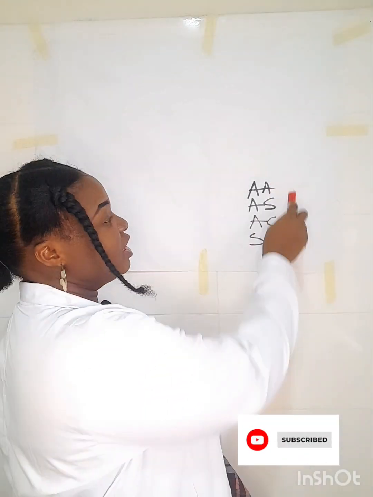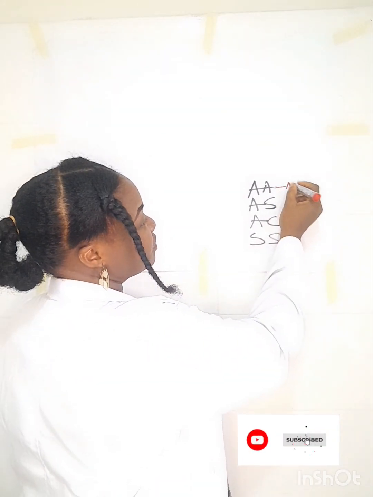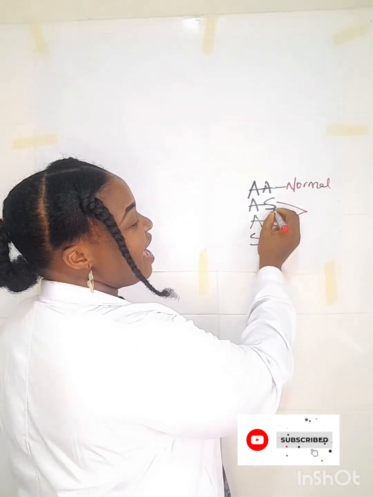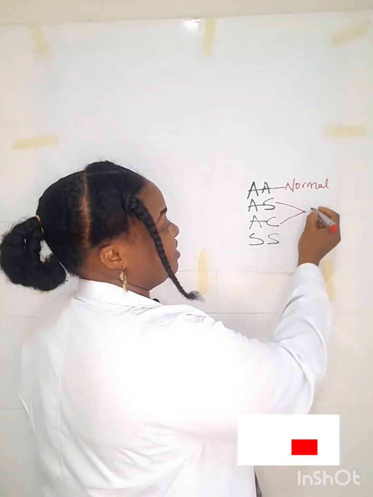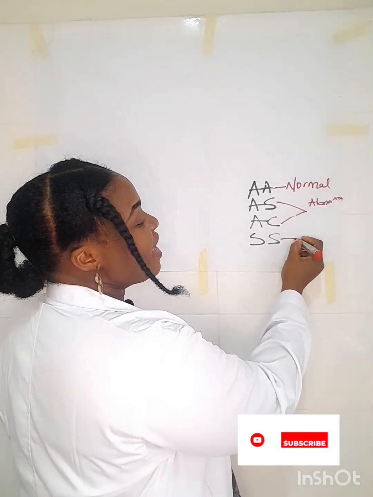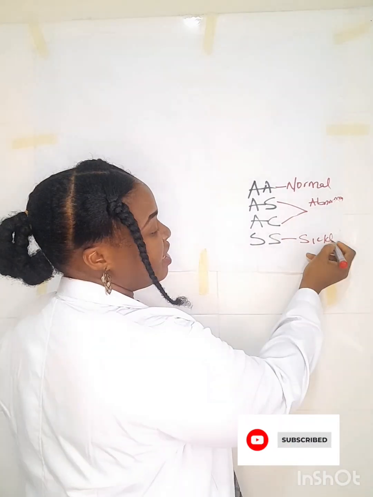AA is the normal genotype. AS and AC are the abnormal genotype, while SS is the sickle cell anemia.